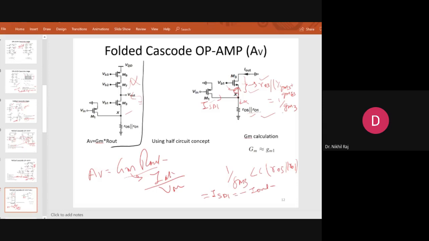VSG is nothing but 0 minus VSG. So what I get here is that iout by vin gives me GM, which means the overall transconductance is nothing but your small gm1. So we have calculated the effective transconductance.